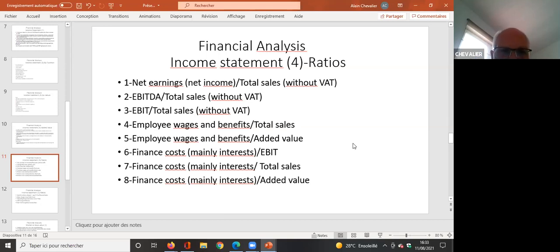But it is about 12 to 13% for the champagne, 8 to 9% for the cognac, and something like 40% for Louis Vuitton bags.